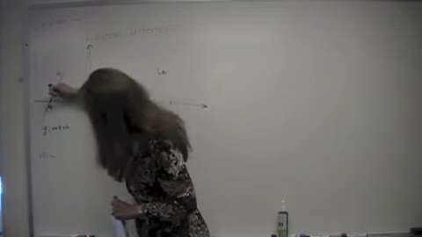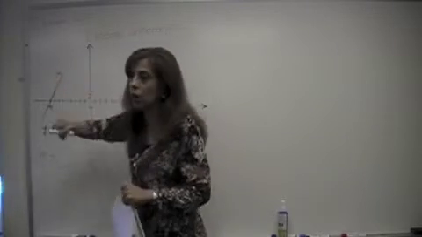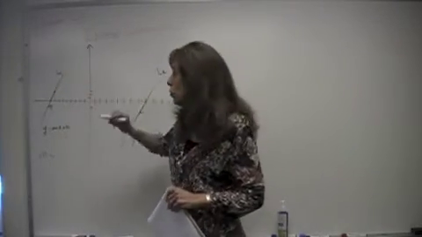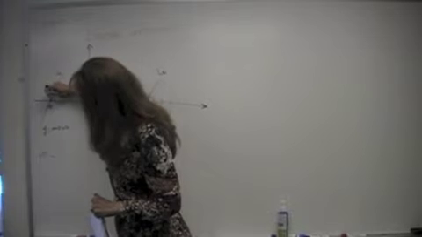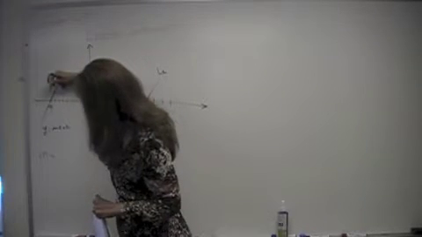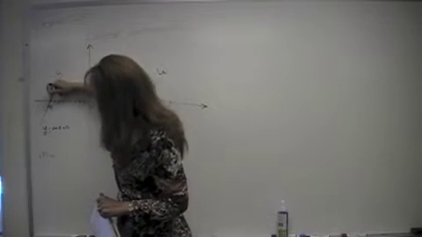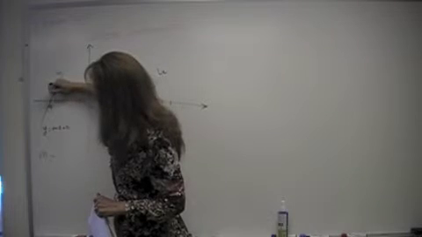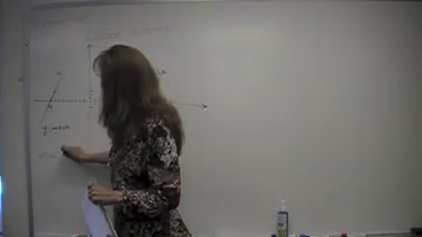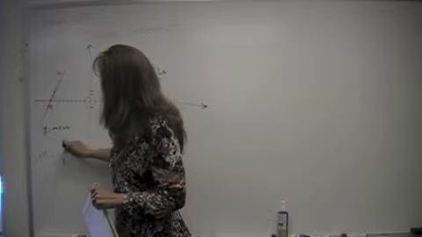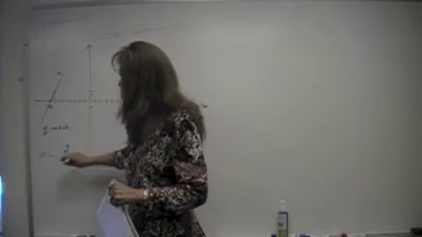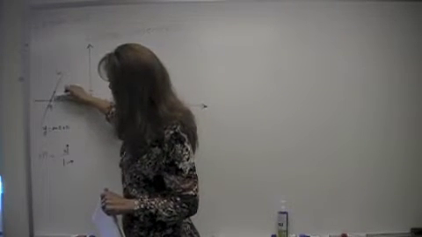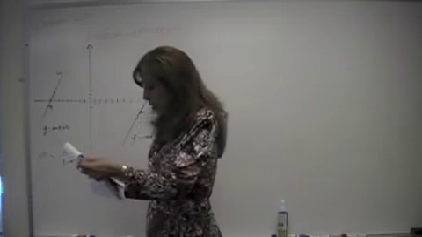From the graph, you look for that perfect right triangle to see the rise over run. Here we have 3 units up and 1 unit to the right. So my slope is 3 to 1, because I'm going 3 units up and 1 unit to the right.